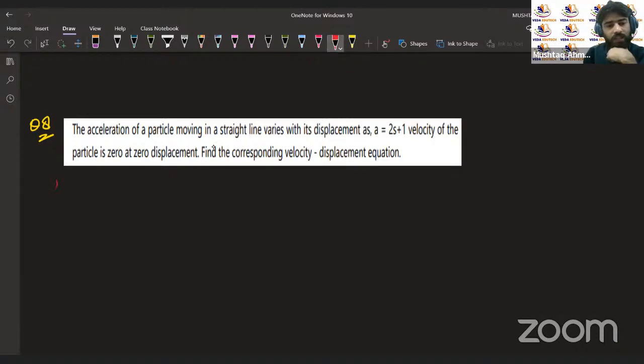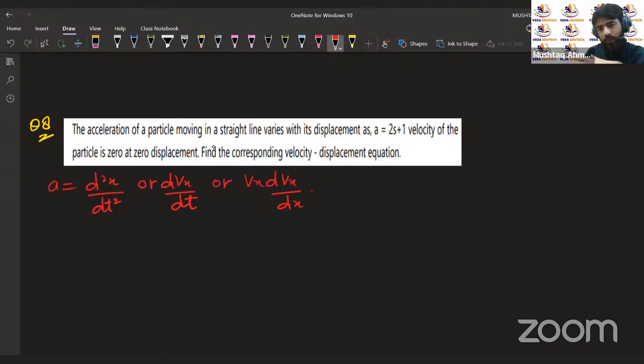We know that acceleration is defined as d square x over dt square, or we can also define it as dvx over dt, or we can also define it as vx dvx over dx, right? So this is the component of acceleration along x-axis.